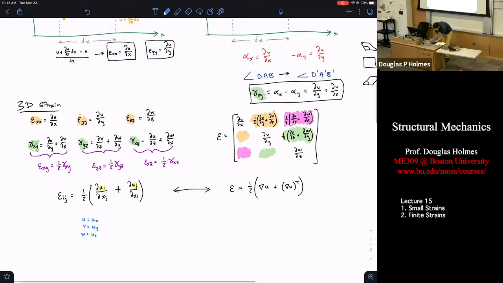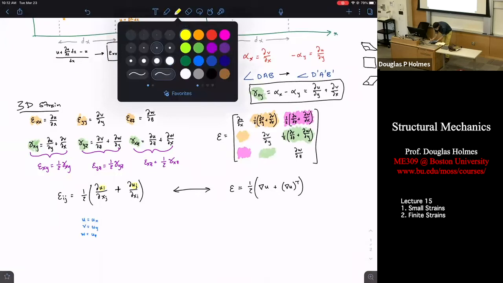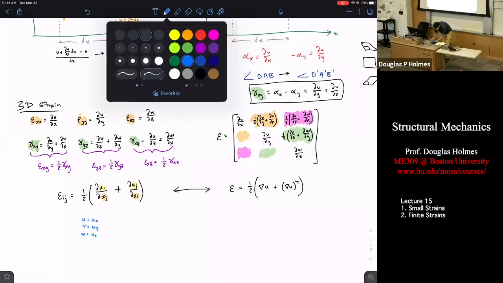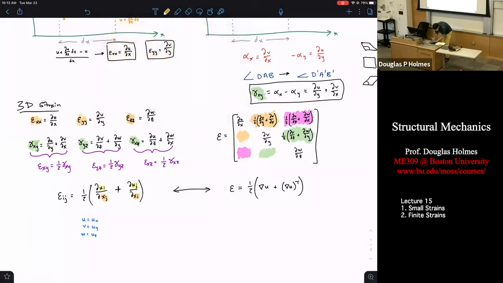And what do I do with this stuff? This stuff isn't helping me either, in which I have x sub j, x sub i. I don't know what that means. Well, what that means is people will write x as x sub x, y as x sub y, and z is equal to x sub z.